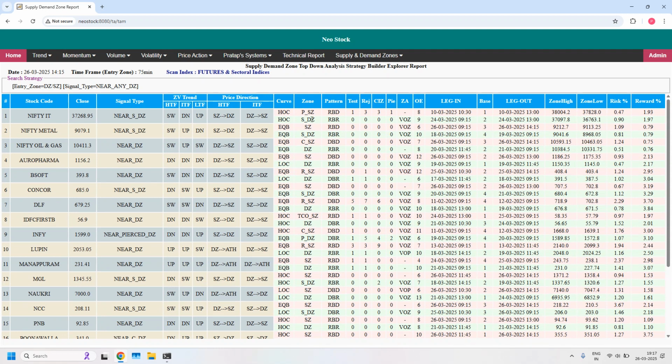Nifty IT not listed in F&O. Nifty Metal also not listed in F&O. Concor is having a high liquidity zone. MGL is having a high liquidity zone.